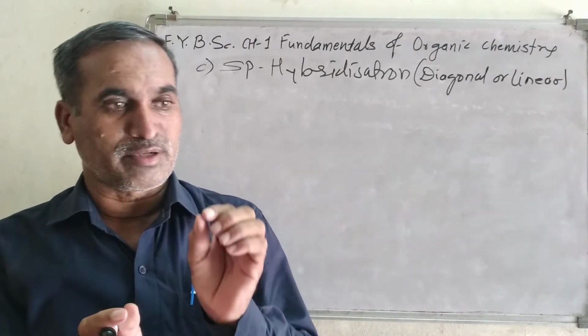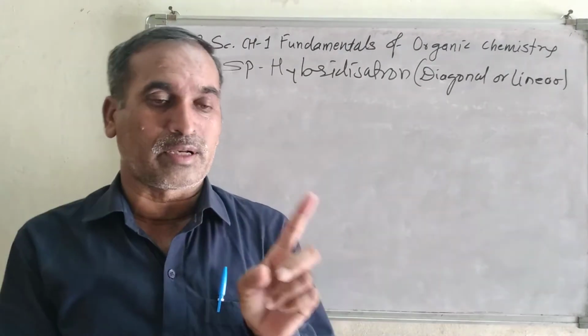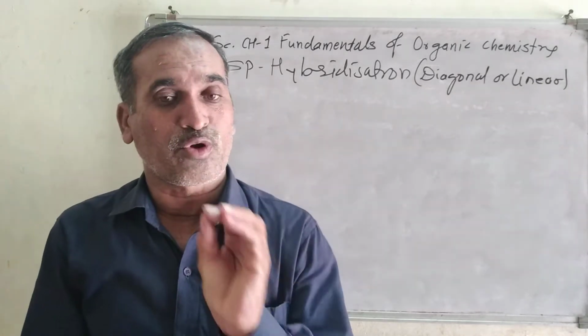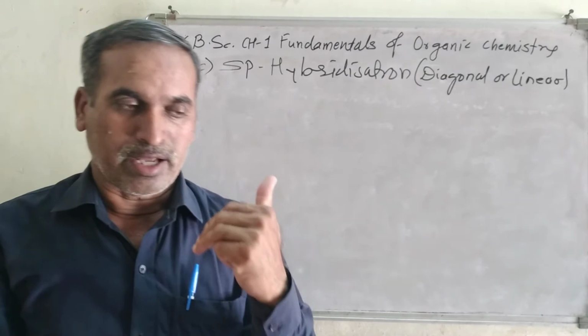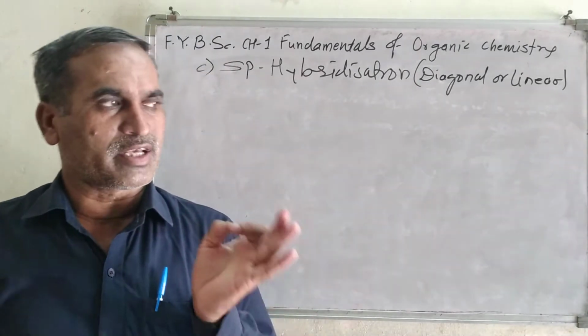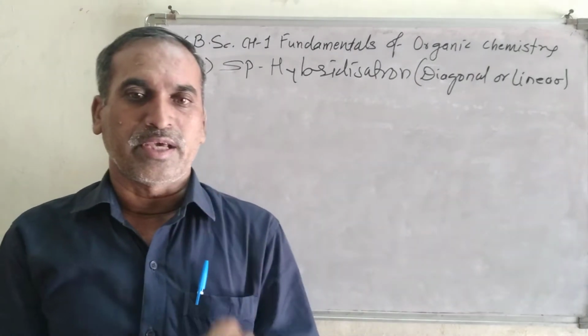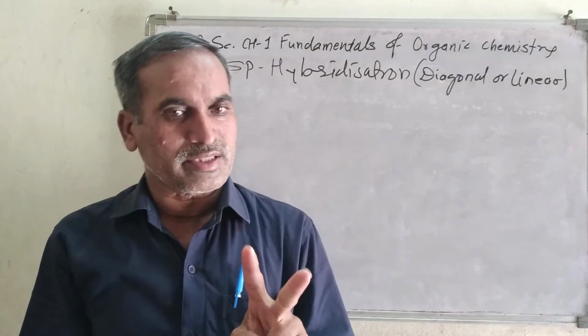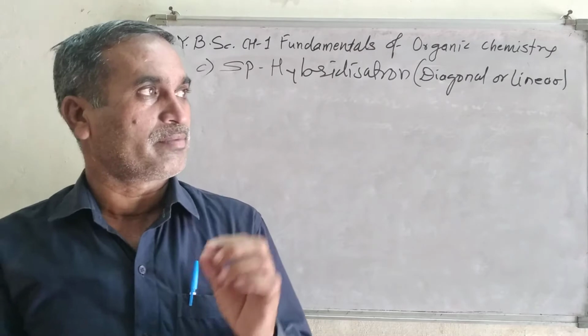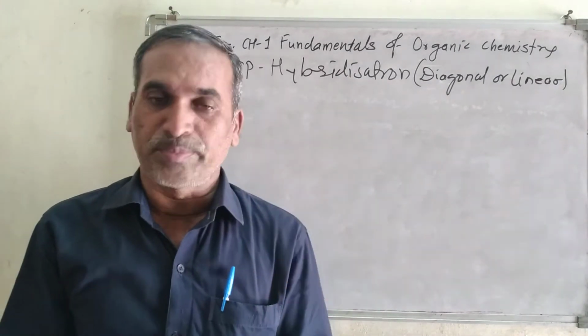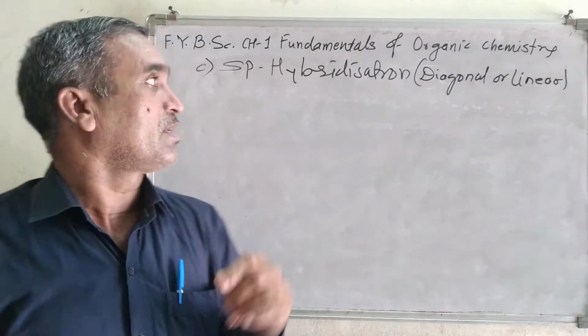In sp3 hybridization, the number of atomic orbitals participating is 4: 1 s orbital and 3 p orbitals. In the case of the second one, sp2 hybridization, the participation of atomic orbitals is 3: 1 s orbital and 2 p orbitals. Now sp means what?